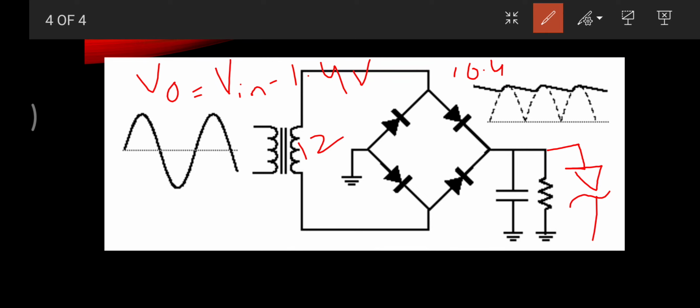Zener diodes come in different specifications. They come with a voltage drop of 5 volt, 9 volt, 12 volt. So you can use a Zener diode of your required specification.